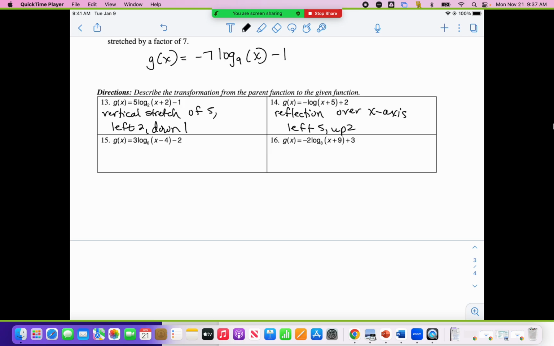All right, number 14, going across. Reflection over the x-axis, left 5, up 2. Number 15, vertical stretch of 3, right 4, down 2.